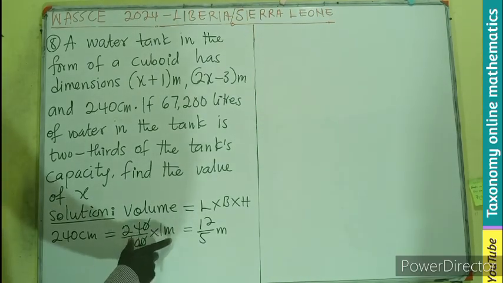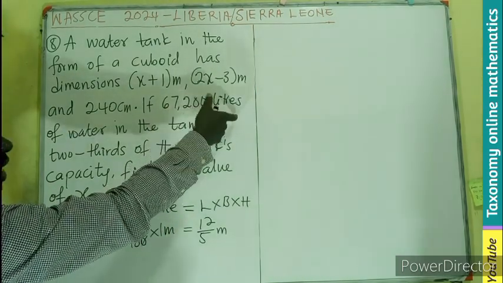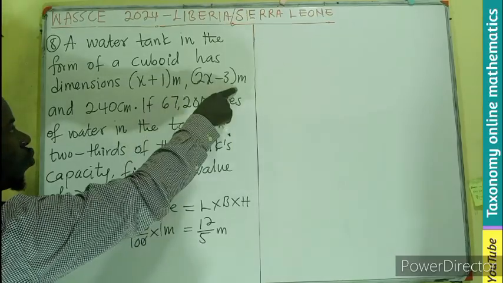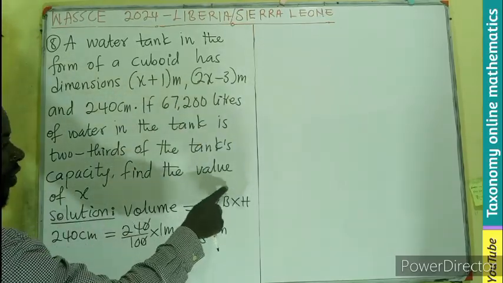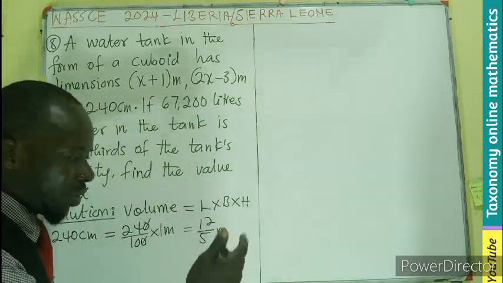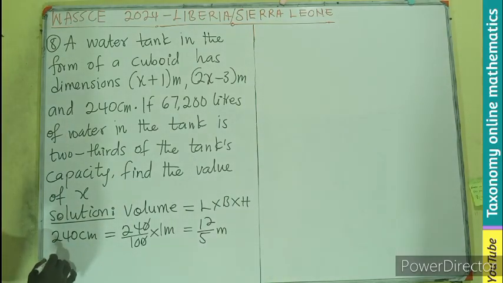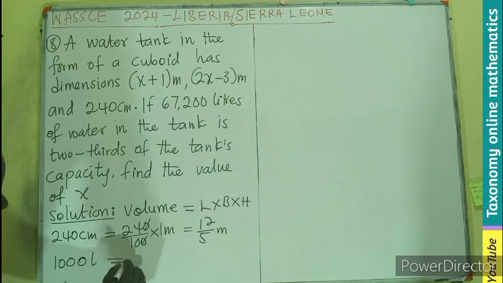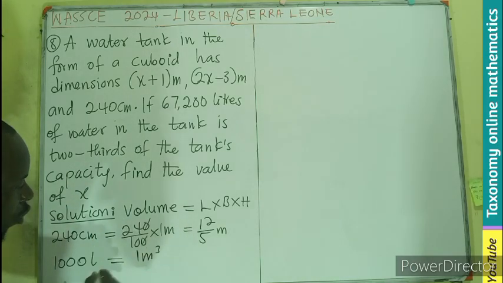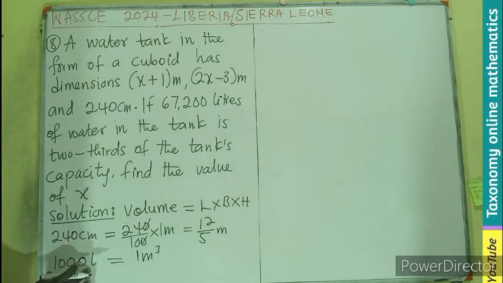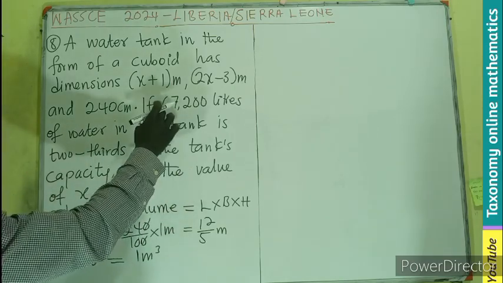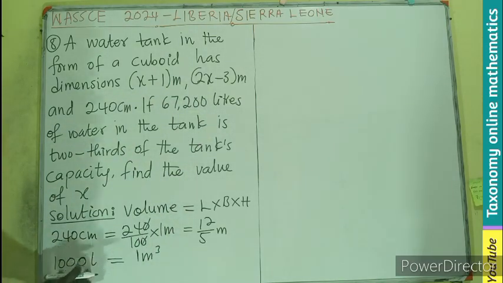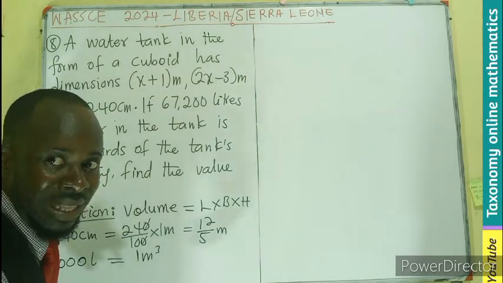Here also we need to convert our liters into meter times meter times meter, that will be meter cube. The conversion is that 1,000 liters give us 1 meter cube. So all of this must be divided by 1,000 to give us the equivalent in meter cube.